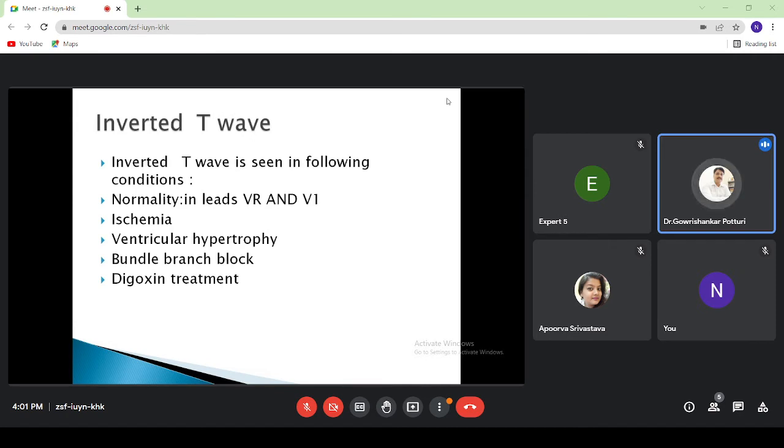Inverted T wave. The inverted T wave is seen in the following conditions. In leads aVR and V1, it is normal. If you see an inverted T wave in aVR and V1, it is considered normal. In other leads, aVL, aVF, V2, V3, V4, V5, V6, if you see an inverted T wave, it indicates ischemia, ventricular hypertrophy, bundle branch block, or other conditions.